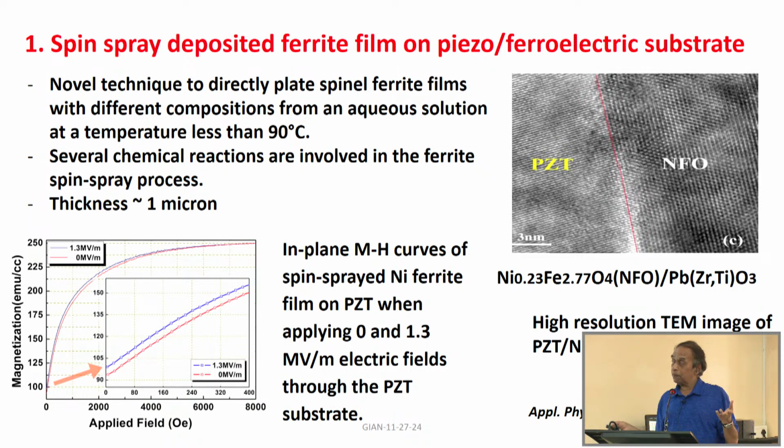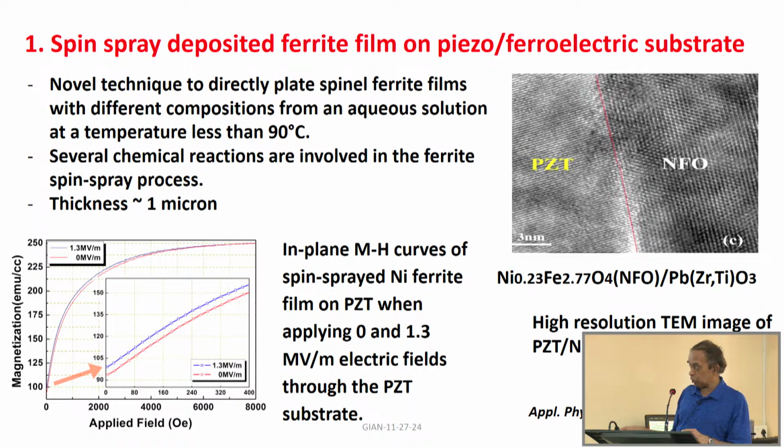For example, you can use a vibrating sample magnetometer or a SQUID magnetometer to measure this kind of characteristics, magnetization versus H. Then what the people who did this work did was to do this measurement under 0 electric field. Then they applied an electric field to the sample, which produced a piezoelectric strain, and that altered the magnetization versus H behavior. That is what is shown in two colors. One is without electric field and the other is with electric field.